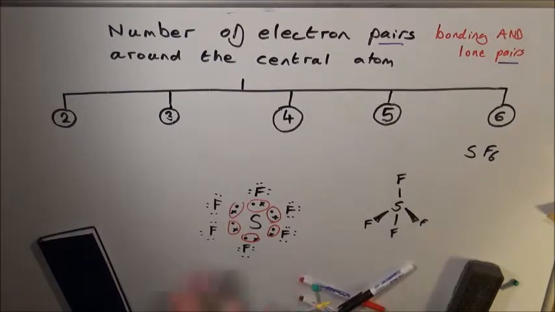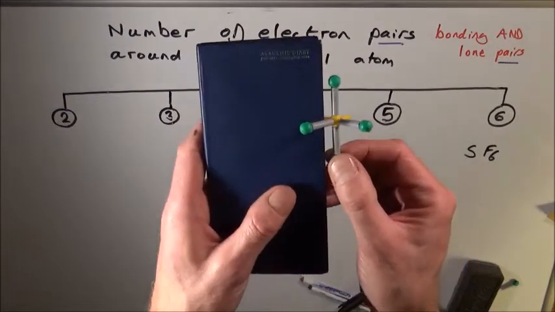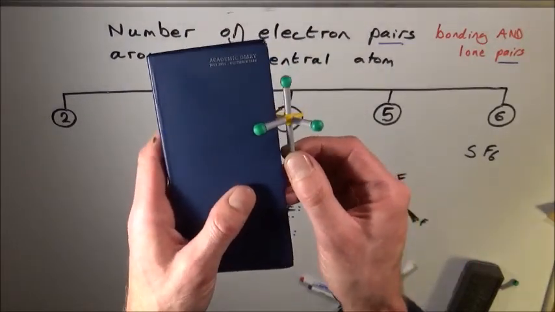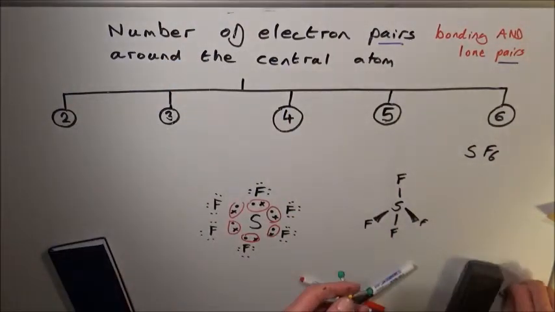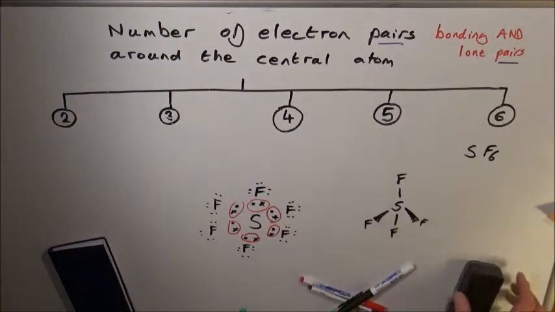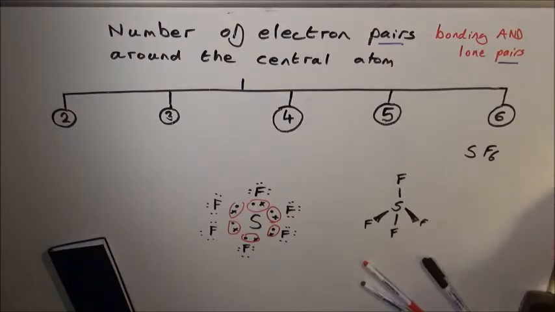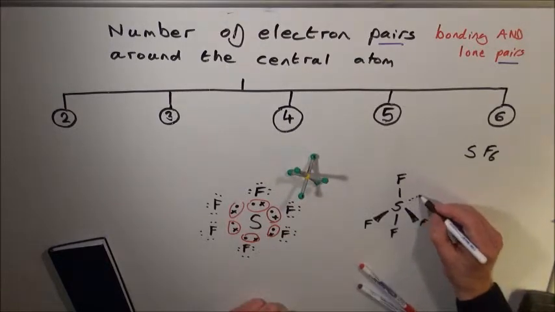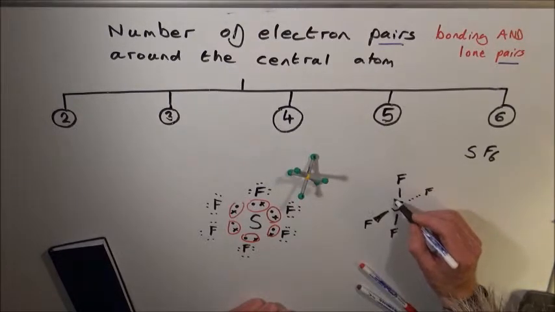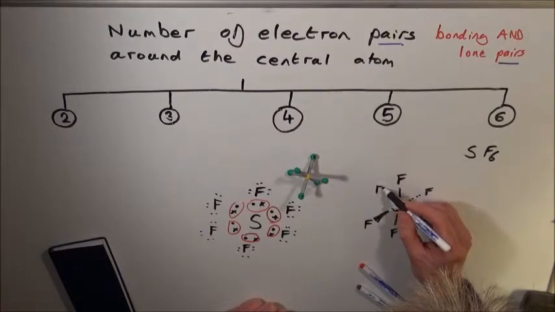So they're going to be like that, and then the other 2 are going behind the page, so I draw those with dotted lines. So where did that go? There it is. So I just draw dotted line F and a fluorine there.